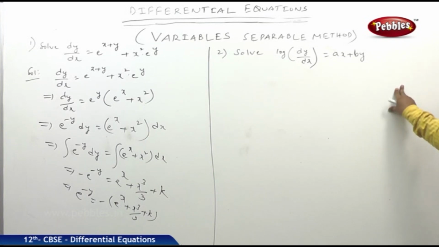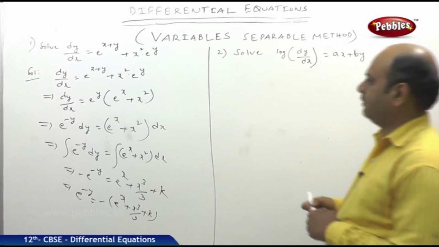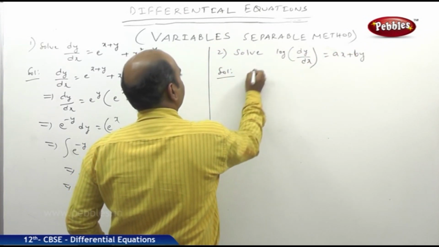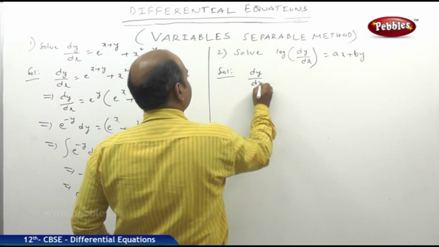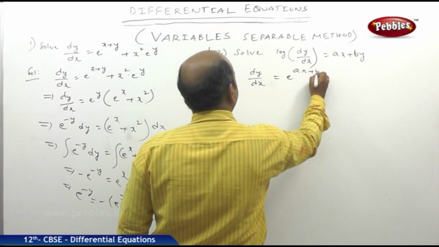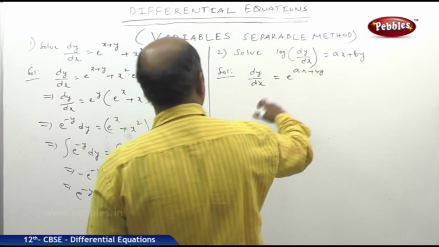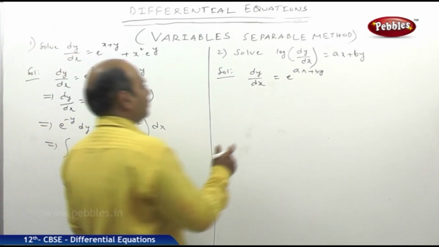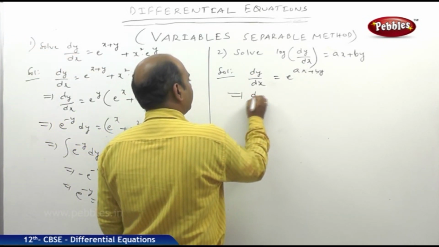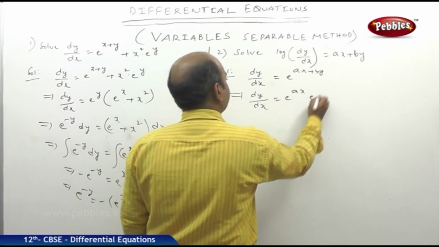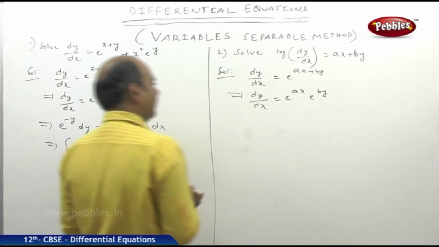Solve log dy by dx is equal to ax plus by. What happens whenever this kind of problem comes? I can write like this: dy by dx is equal to e power ax plus by, because if I apply log on both sides also I will be getting the same relation. So dy by dx is equal to e power ax into e power by.